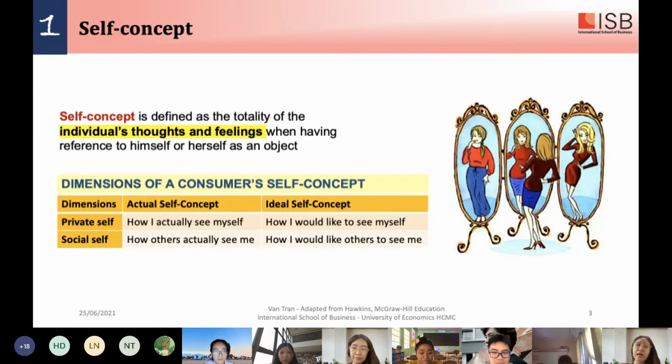So what marketers are trying to do is jump into this perception process of consumers as a way to help them bridge the gap between their actual and ideal self-concept.